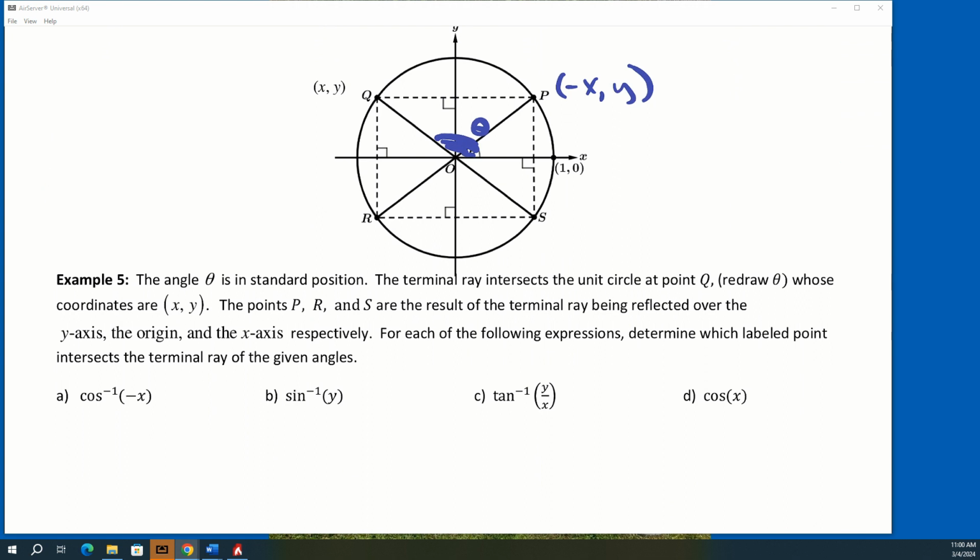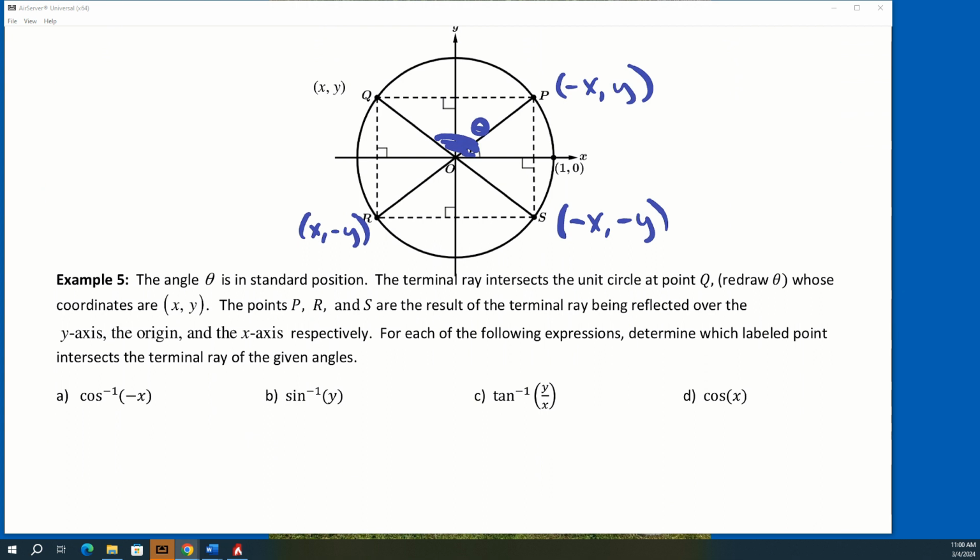And I'm not saying the x coordinate is negative there. It's just going to be opposite of what we are calling x. All right, and then for S, the x is going to be opposite and the y is going to be opposite from what we're calling x and y. And then for R, the x will be the same coordinate as it is on Q, the y will be opposite.